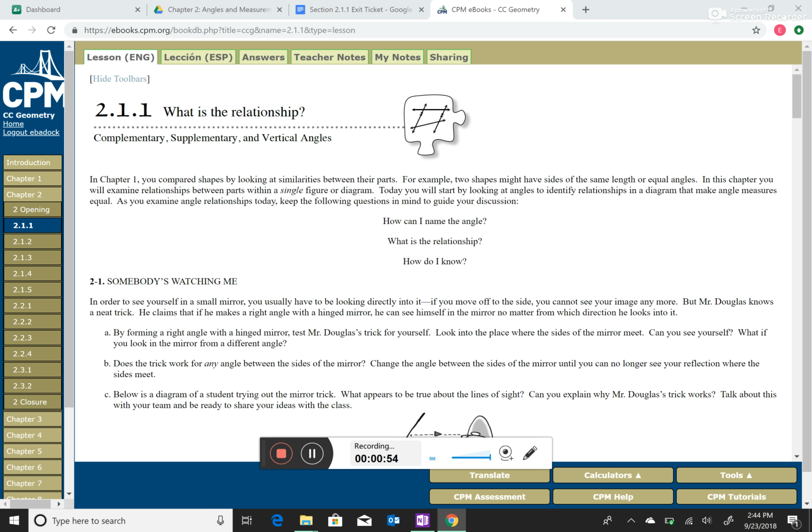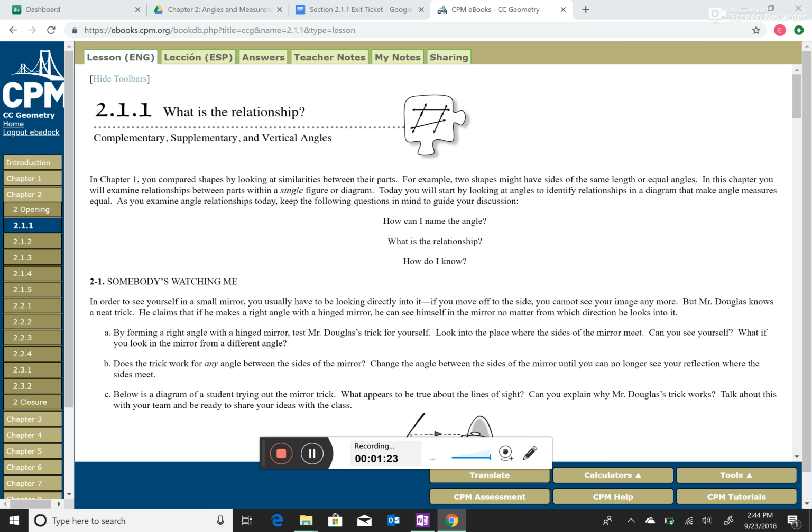In this chapter, you will deepen your understanding of the relationship between pairs of angles formed by transversals and the angles in a triangle, how to find the area and perimeter of triangles, parallelograms, and trapezoids, the relationship among the three side lengths of a right triangle, aka the Pythagorean theorem, and how to determine when the lengths of three segments can and cannot form a triangle. That's a quick summary of what chapter 2 is going to entail.